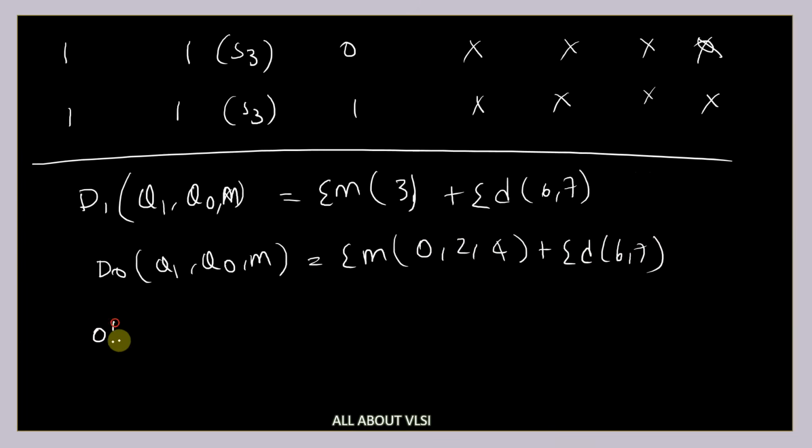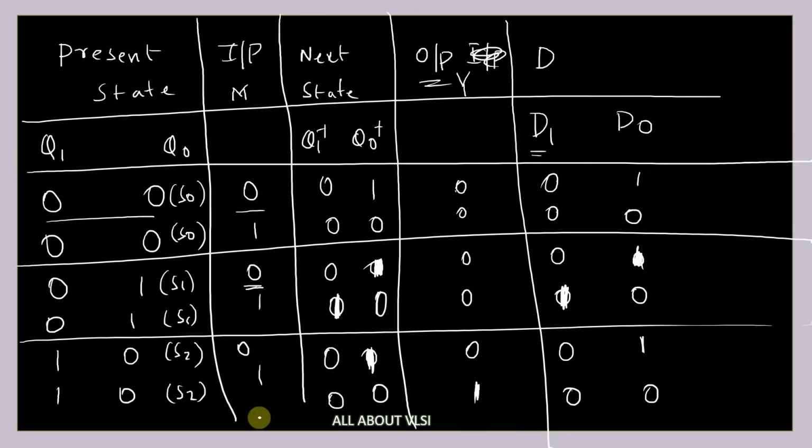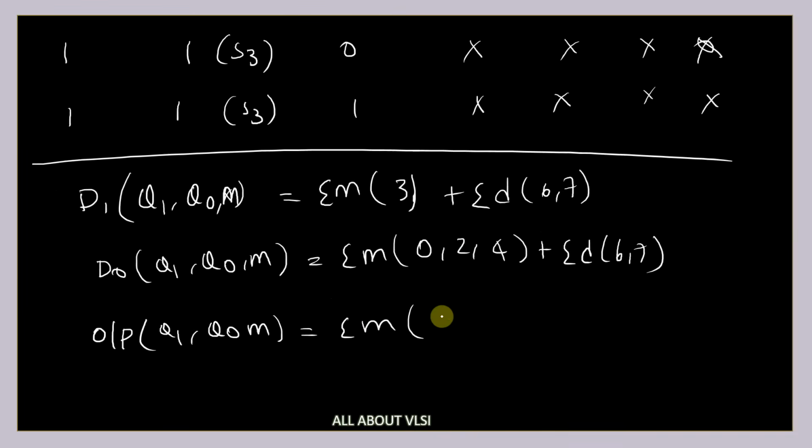And the output equation with respect to Q1, Q naught, M: the output is 1 only whenever 0, 1, 2, 3, 4, 5, right? And plus don't cares of 6 and 7.